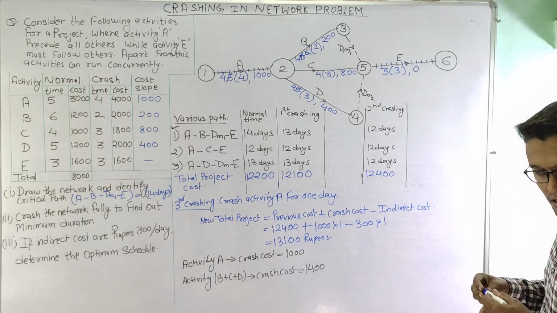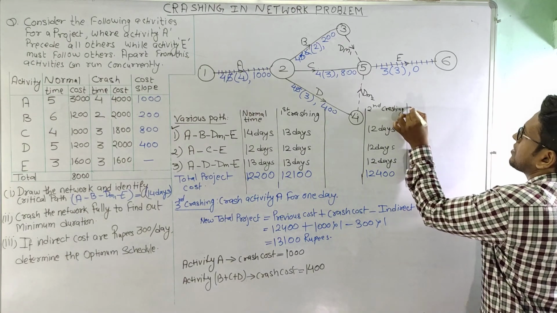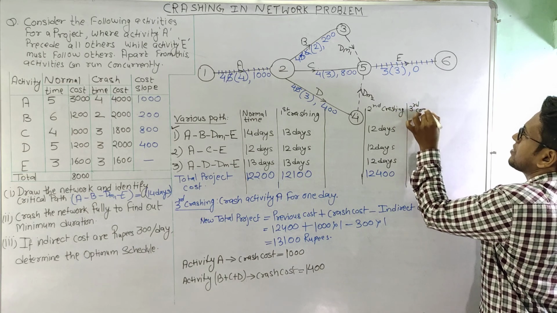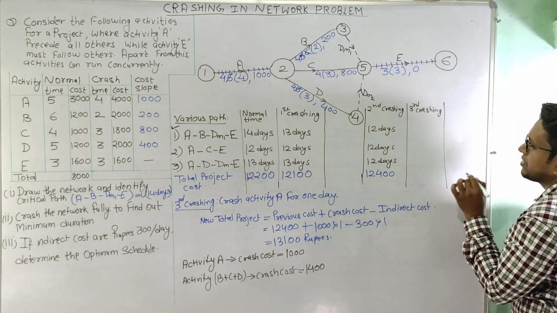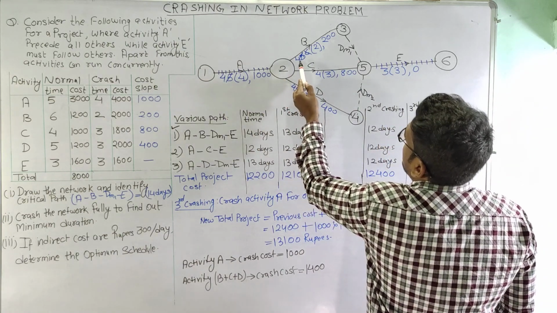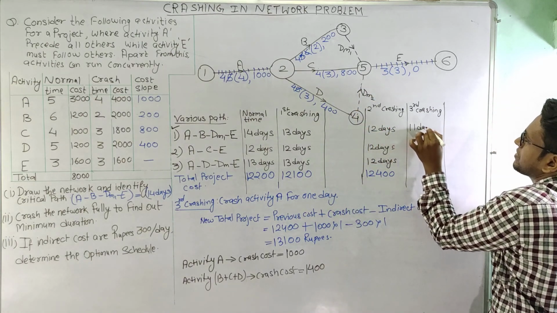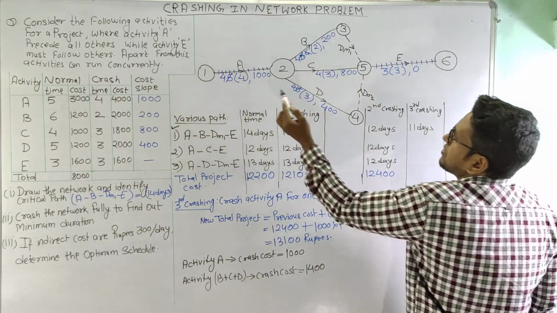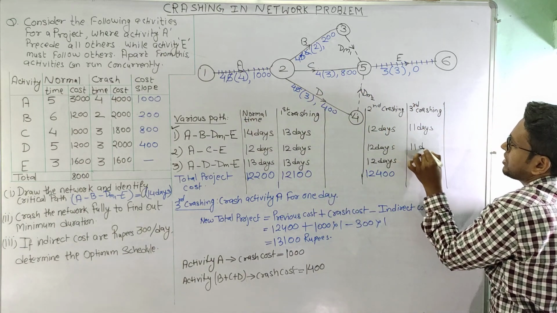And after third crashing, let us see the time again. This is 4 plus 4 is 8, 8 plus 3 is 11, so this is 11 days. This is 4 plus 4 is 8, 8 plus 3 is 11, so this will also become 11 days.